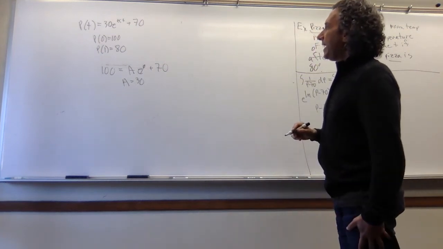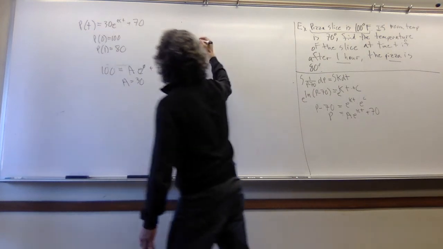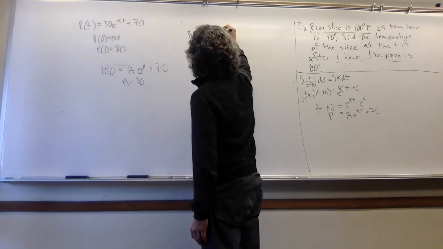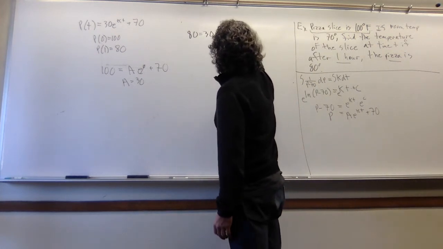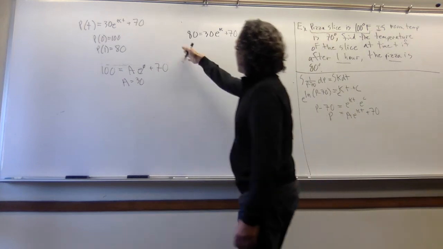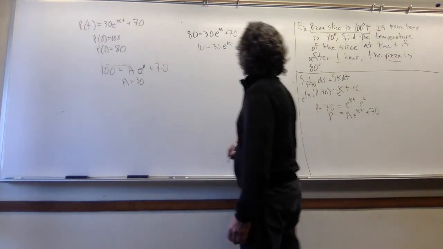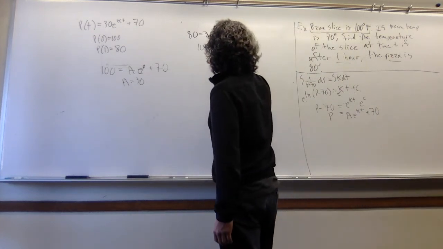All right, and I also have that p of 1 is 80. So 80 is equal to 30 e to the k times 1, which is just e to the k, plus 70. Could subtract 70 from both sides, so that 10 is 30 e to the k, or 10 divided by 30, or 1/3, is e to the k.